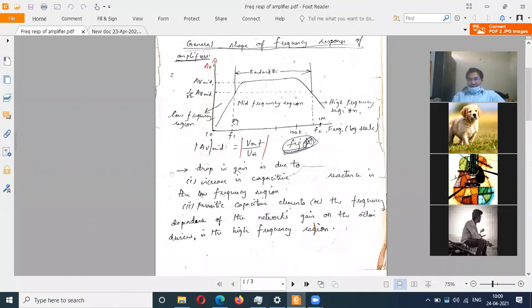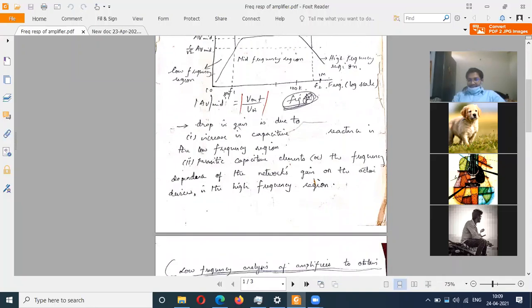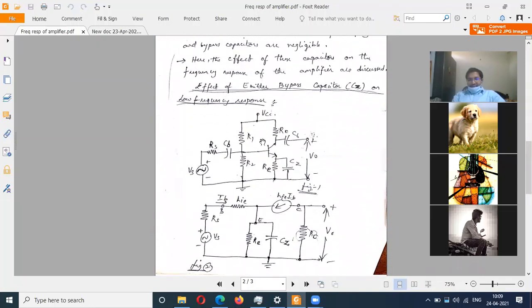So in simple words, this is due to the circuit capacitors. Then, this is an NPN transistor. A transistor has two junctions, an NP junction and a PN junction, and these junctions act as capacitors.